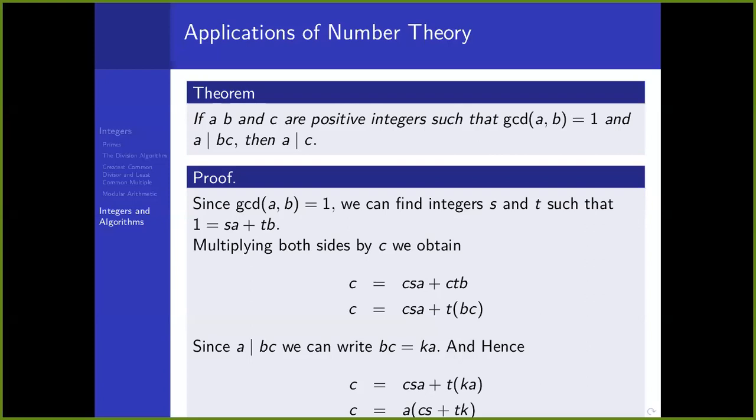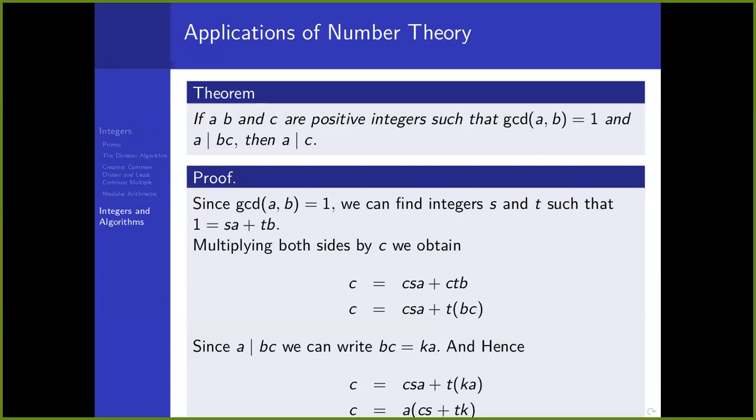So the proof, we use some information that we already have. We know that the GCD of A and B is equal to 1. That is given in the theorem. Now, based on this and the previous theorem that we just proved, we know that we can find two integers S and T, such that the GCD, which is 1, can be written as SA plus TB.